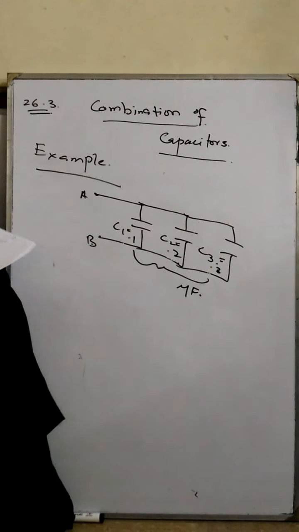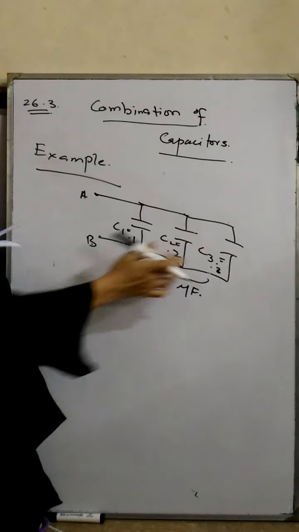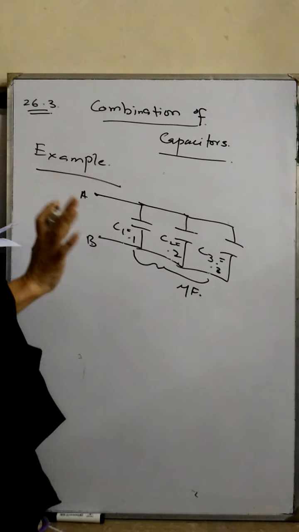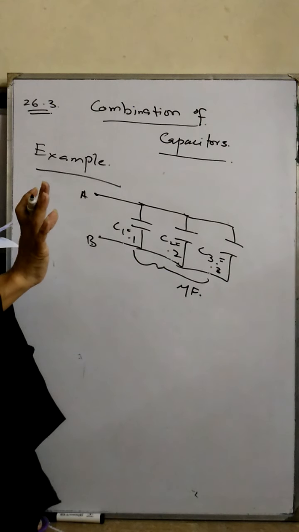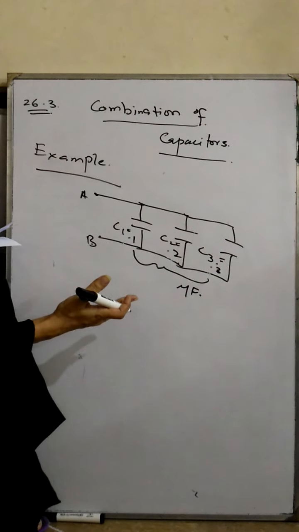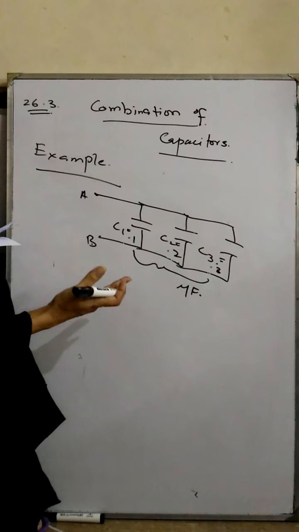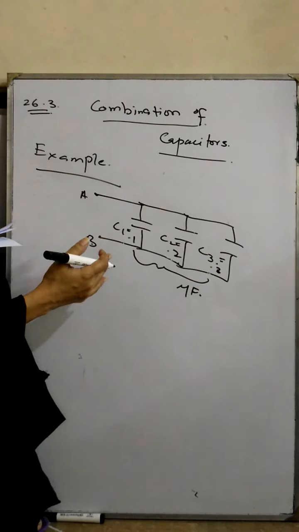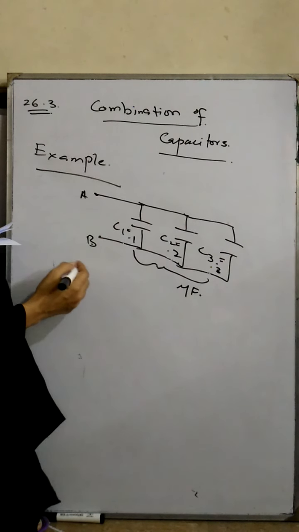Okay, now first find the equivalent capacitance of these two, C2 and C3. I'll do it stepwise so that if you try to solve it with more than three capacitors, you will know how to solve the circuit step by step.